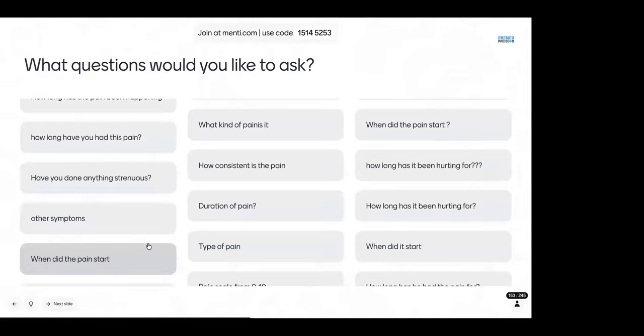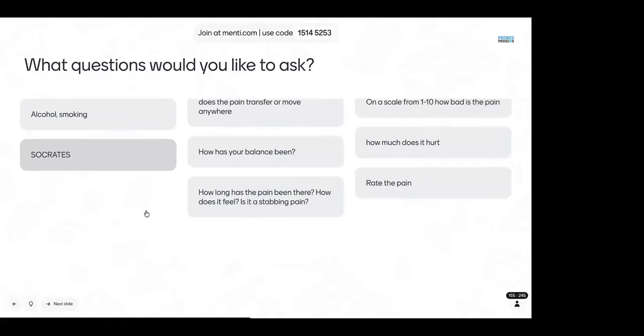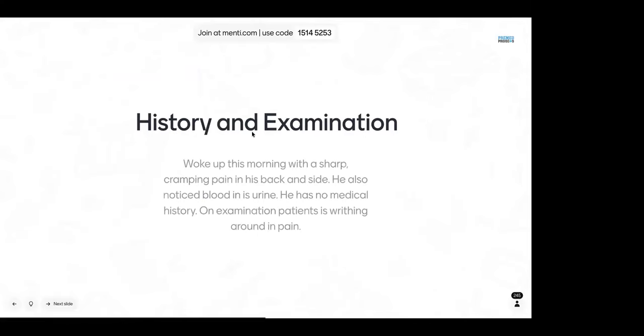It's completely normal. When I was at your stage, I had no idea about any of this. So it's just trying to understand the basics because I don't expect you to know any of this. So we're just asking a few questions to the patient to try and find out what could be going on.